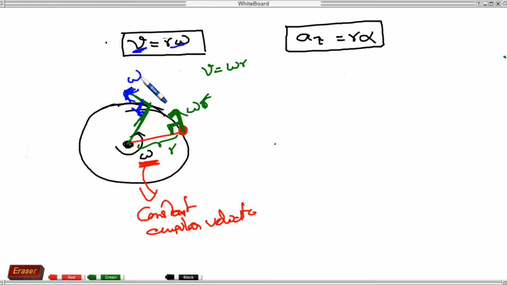From this relation it is equal to r into omega. When someone asks what would be the tangential velocity, remember this is r into omega.